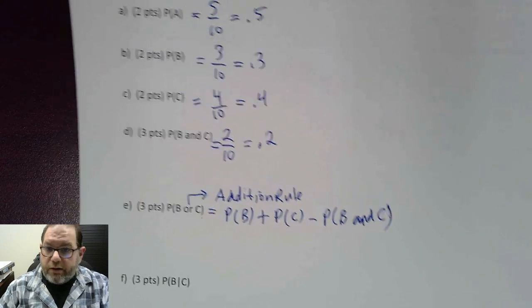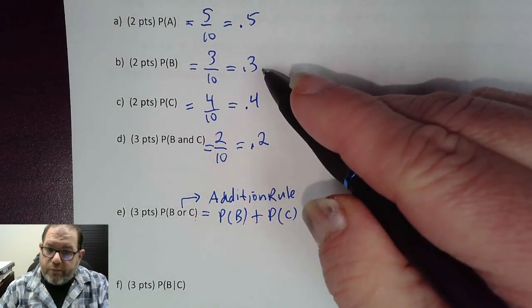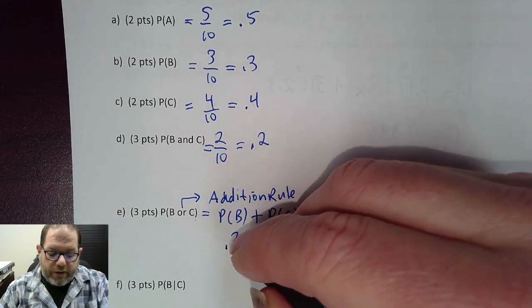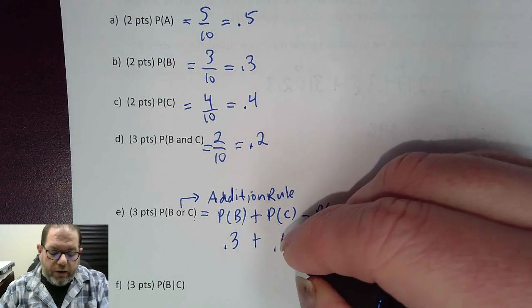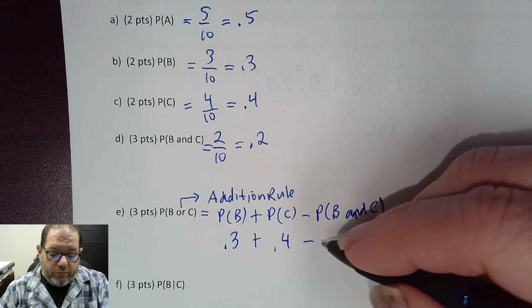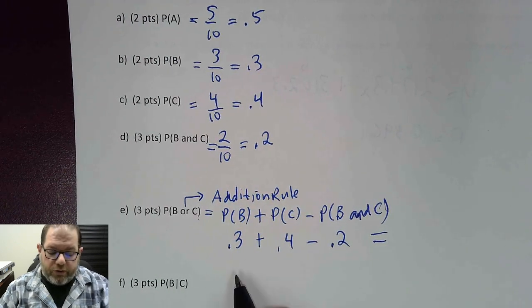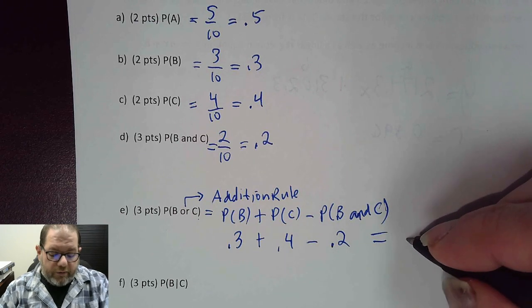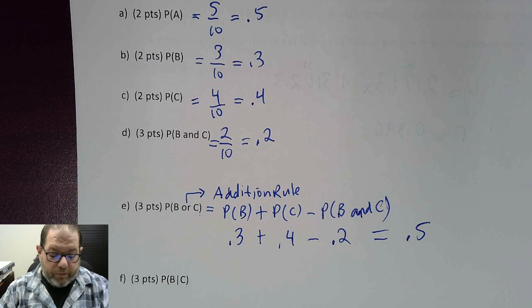Now, luckily, we've already found all three of these things. We know the probability of B, 0.3. Fill that in. Probability of C is 0.4. And B and C, that's probability is 0.2. And so now we just combine these together, 0.3 plus 0.4 minus 0.2, and that gives us 0.5. Okay. And so that's our solution.